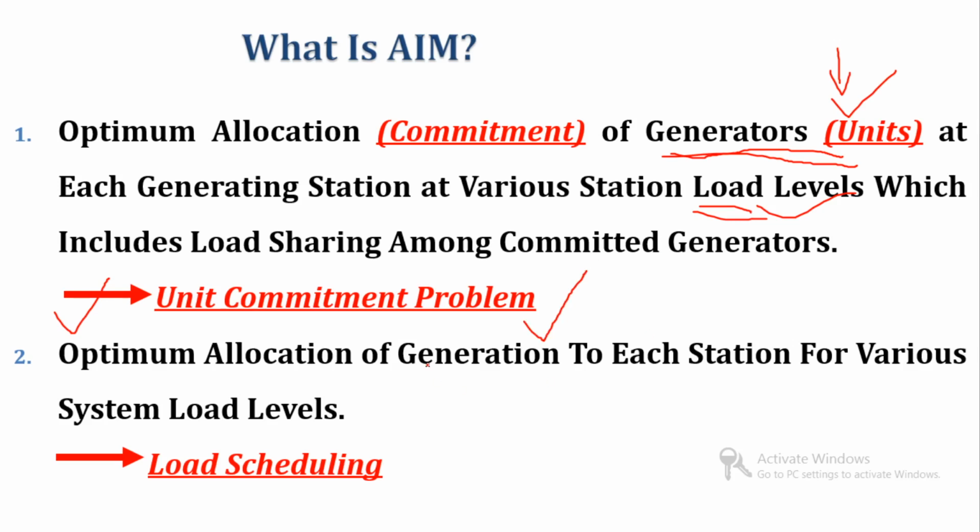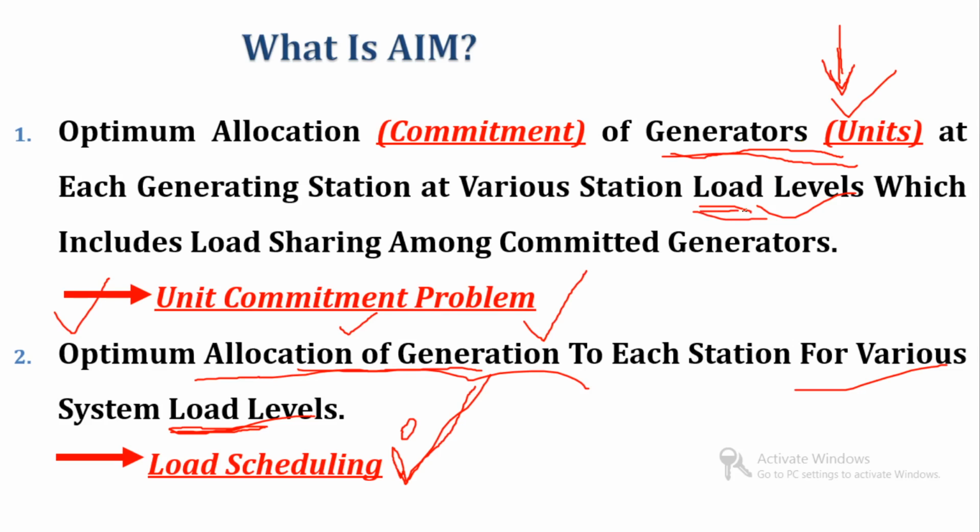In the same way, you are going to allocate the generation for your load in an economic way, and that problem is known as load scheduling. So, the first problem is the unit commitment problem, in which you find the generating units which operate in the best economic way for your load.